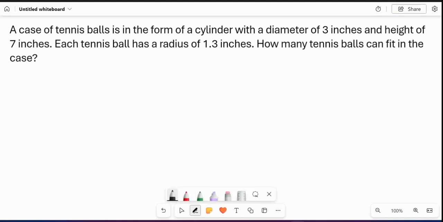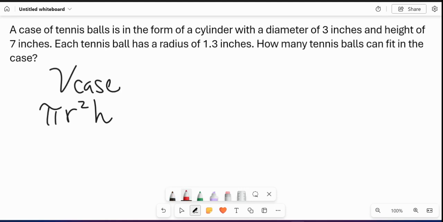So the volume of the case is going to be pi r squared h. We'll figure that out first. Now, the diameter of the cylinder is 3. So if the diameter is 3, that means the radius is 3 divided by 2, which is 1.5.